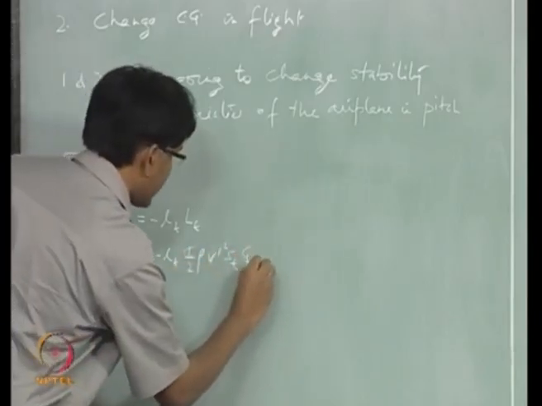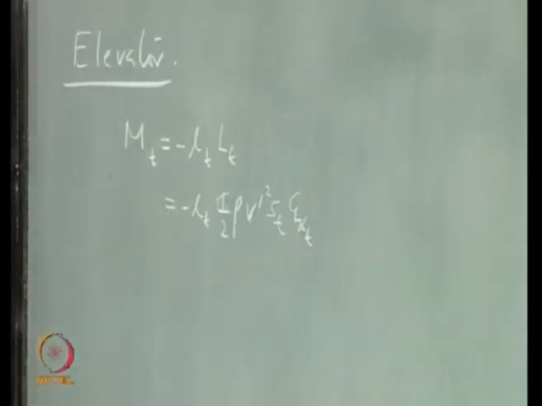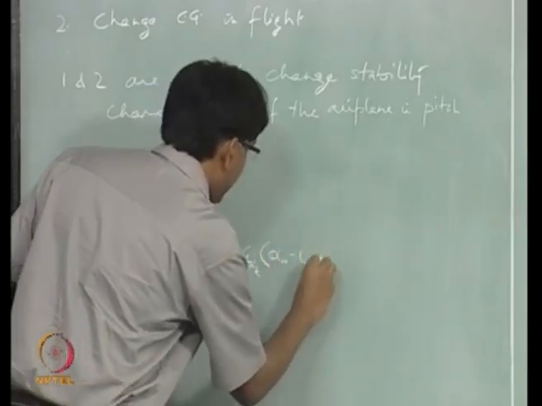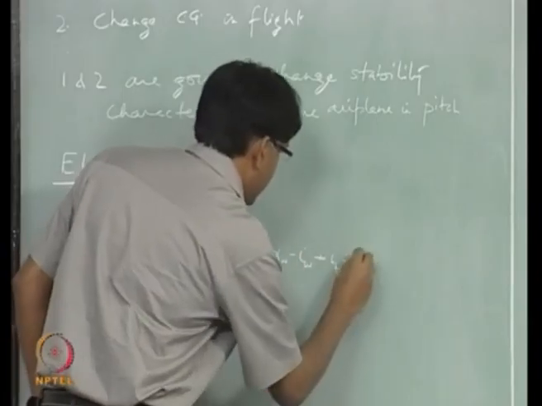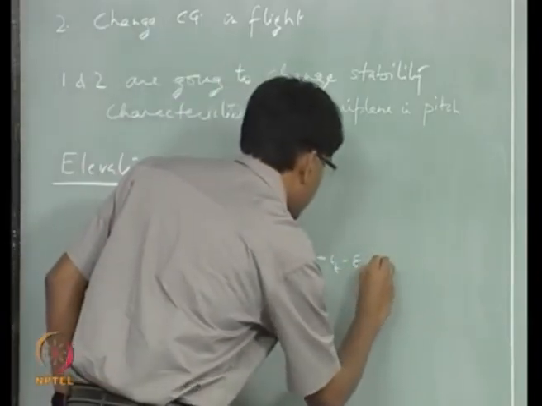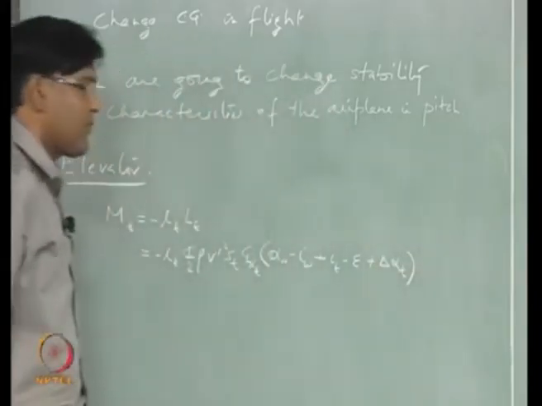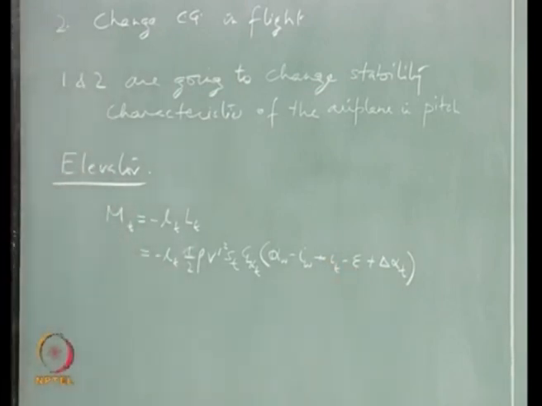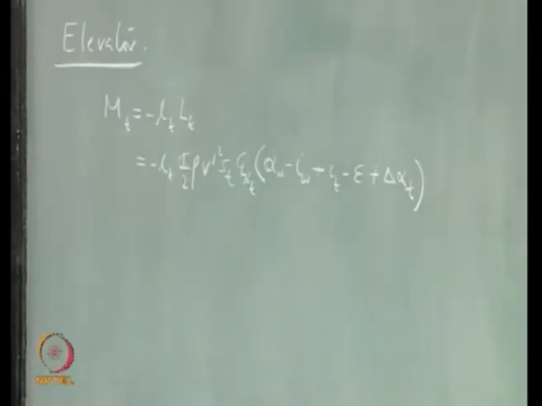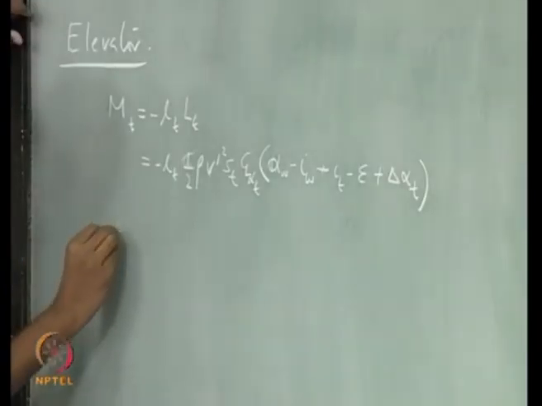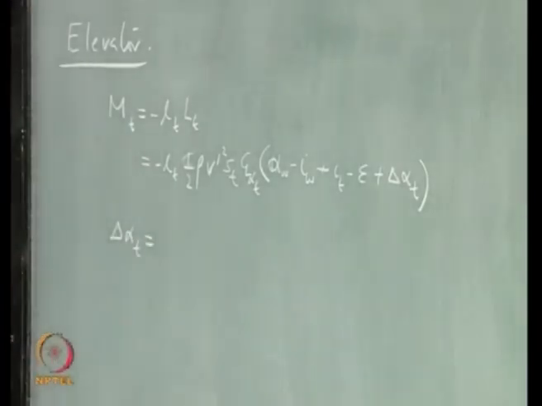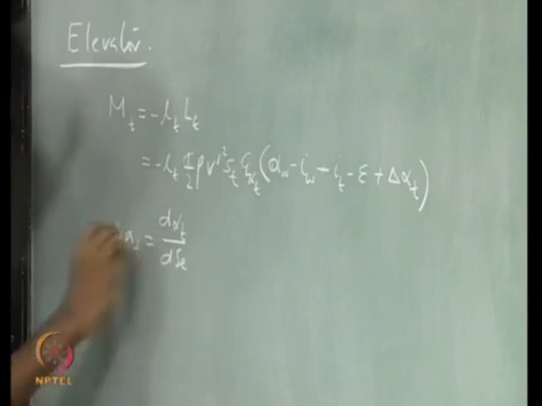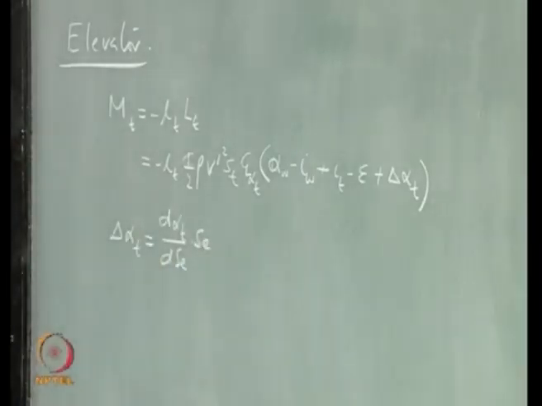CLT, so I will write this as CL alpha t, right, plus a change in angle of attack due to the elevator, right. And this delta alpha t is this.